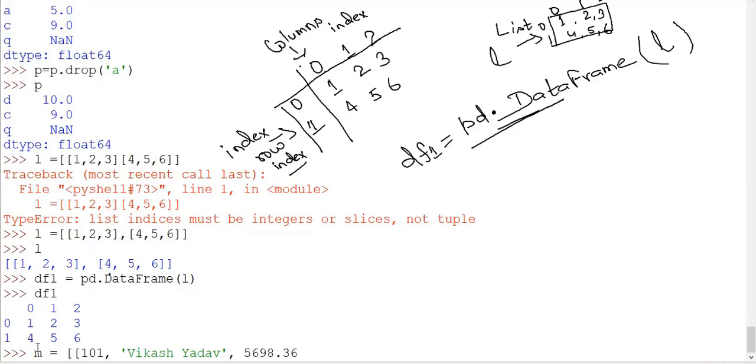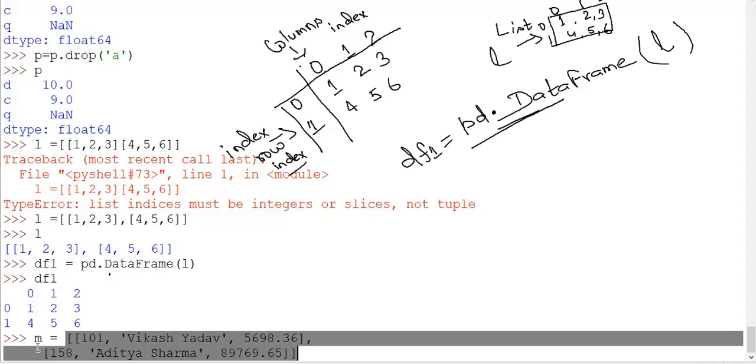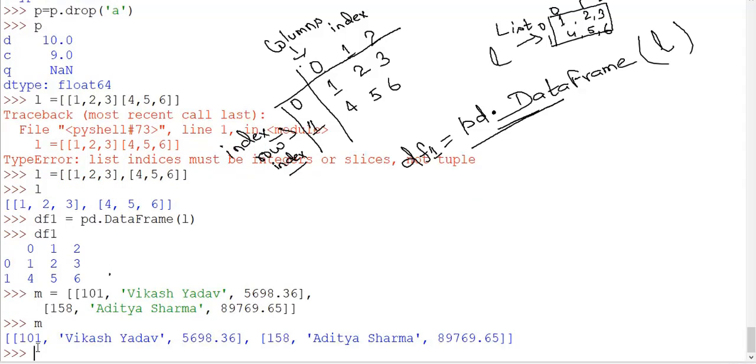This is my one list. Another list, I press enter, and now I write 156, and Aditya Sarma, and then 8967.26. Anything I can write here. So now my list is created. I'm just showing you my list. The list contains this.